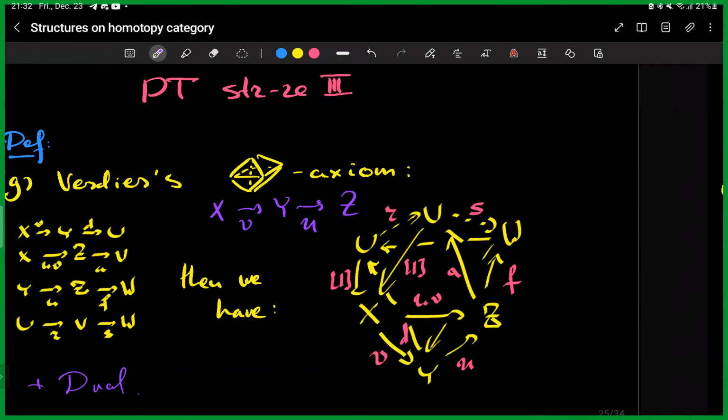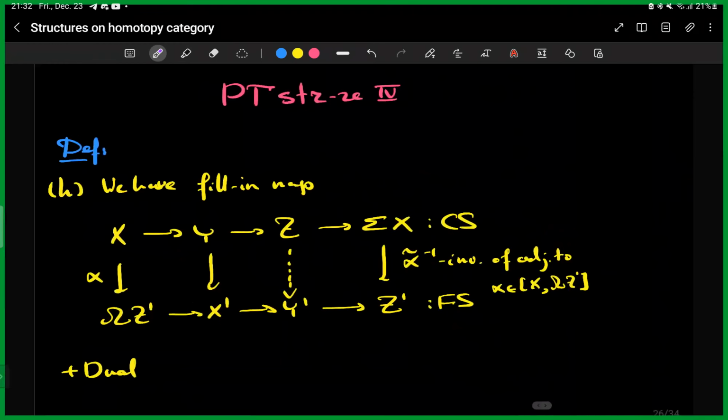So that's Radius axiom. Another axiom is this axiom which relates fiber and cofiber sequences. So assume that on top we have a cofiber sequence, and on the bottom we have a fiber sequence, and assume that we have this solid arrow diagram.